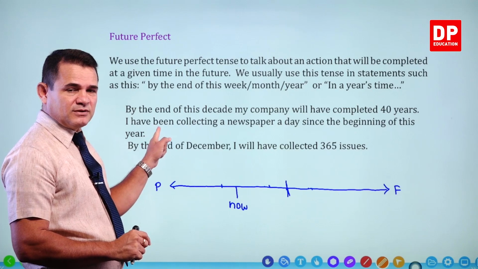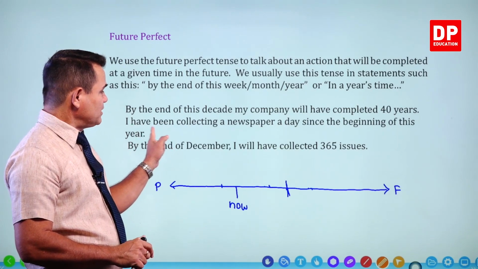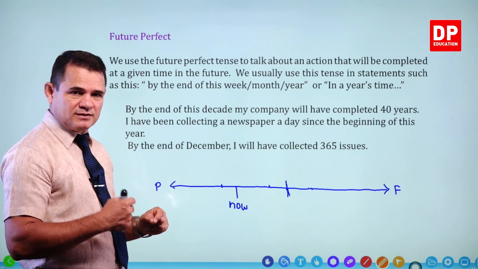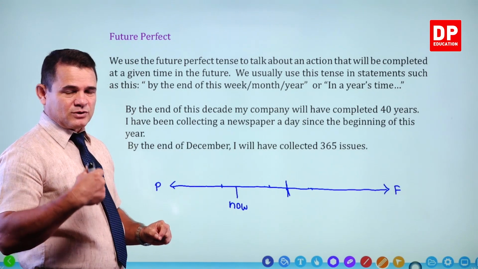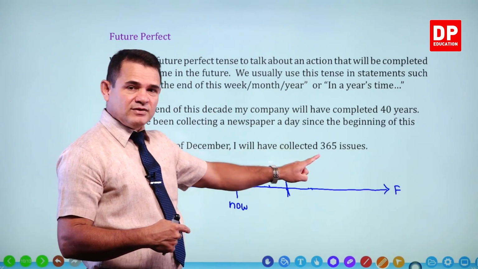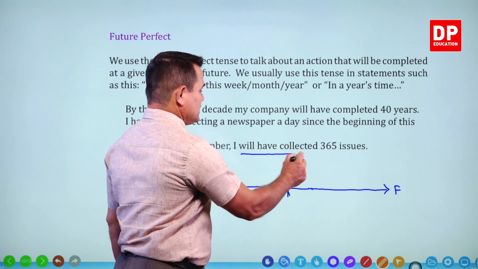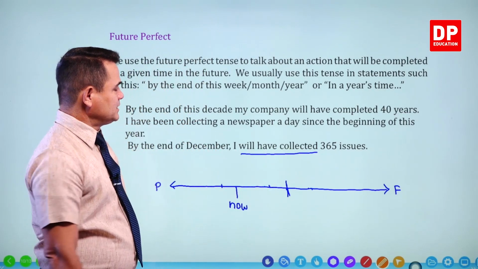Earlier you learned this one, present perfect continuous: I have been collecting newspapers since the beginning of this year. How about by the end of the year? I will have collected, like this.